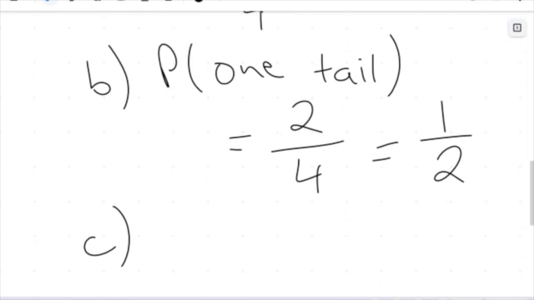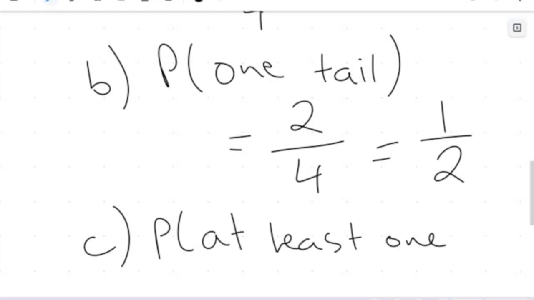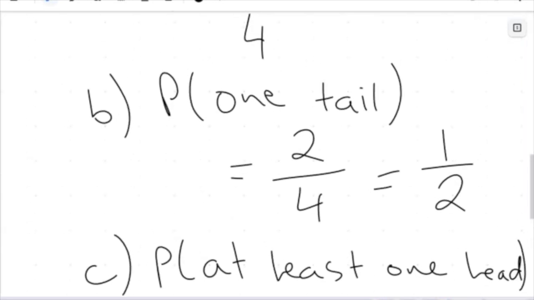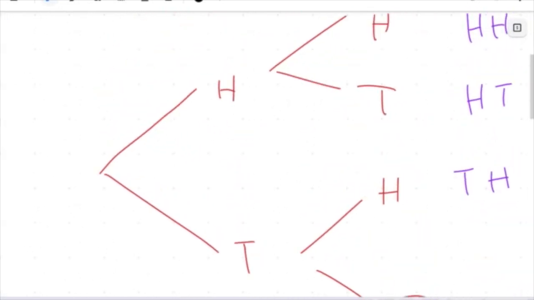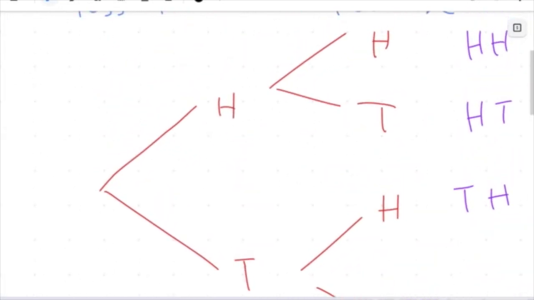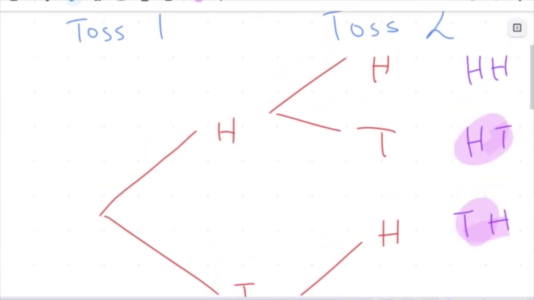Now for part C, our very last example, we want to find the probability of getting, and this is where our language is important, at least 1 head. Okay, what do we mean by that? We've touched on this in the previous video, but I'll go over it again. At least 1 head implies that we can get the times when we get 1 head, or anything more than that.